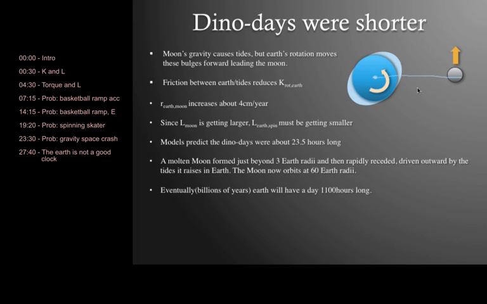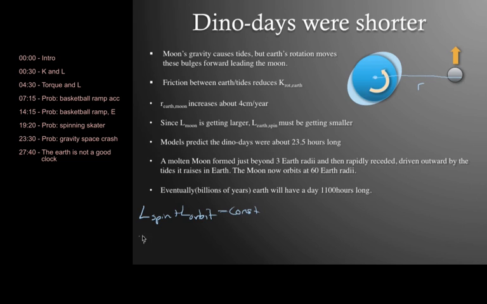So the moon is some distance r away, and we need to consider the total angular momentum of this whole system. So L spin plus L orbit has to be constant.